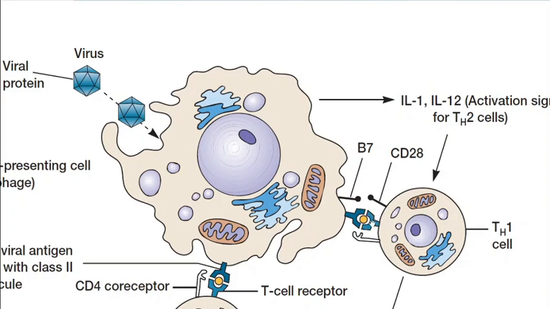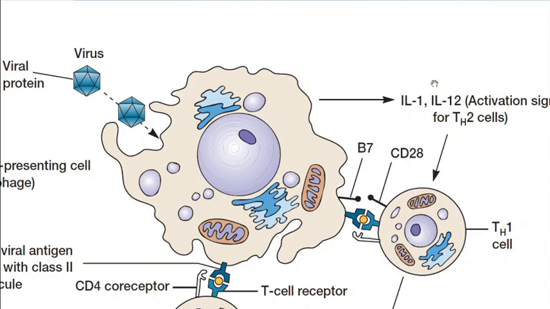This one is the first signal for the activation of the Th1 cell. Th1 cell is activated by two signals. So the first signal is the connection between MHC class 2 and T cell receptor. So here this first activation signal is received.